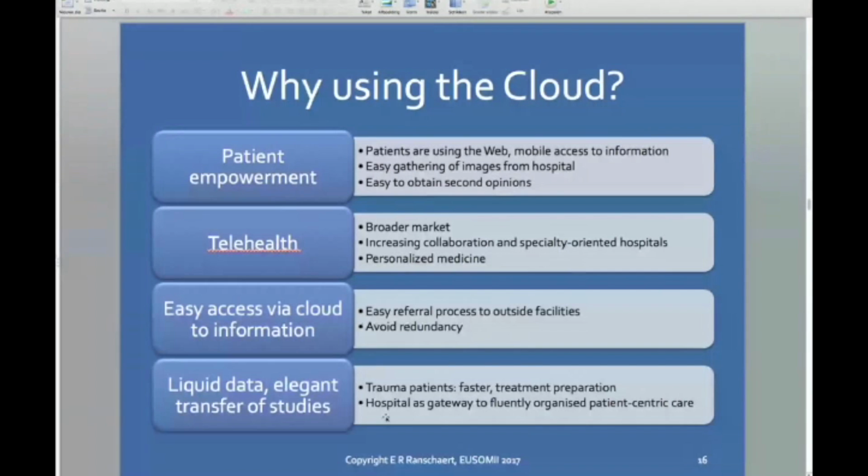So the hospital this way will be able to function by sharing information more fluently, and this will organize patient care more efficiently, and the care that is provided will be more patient-centric.